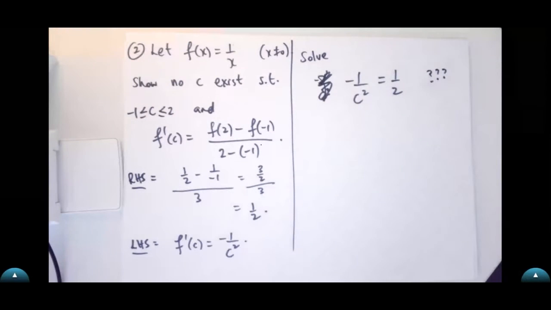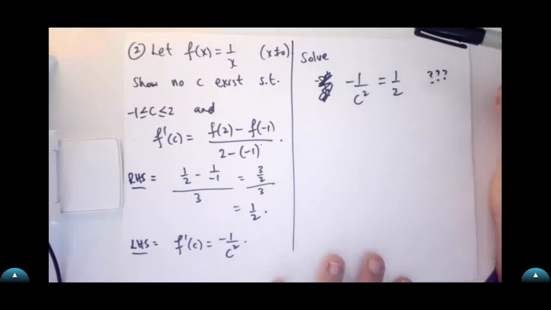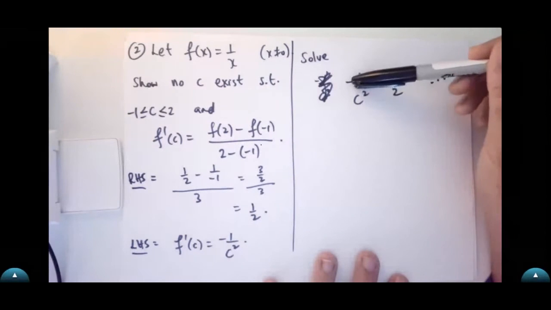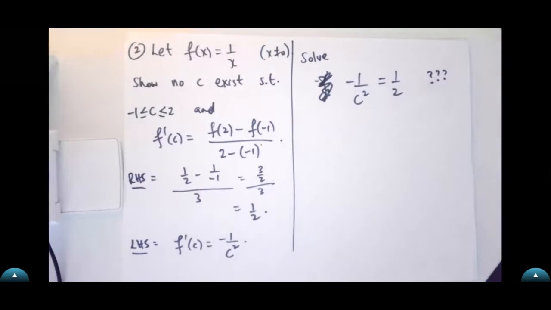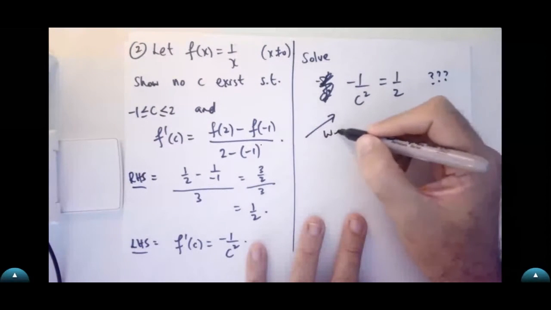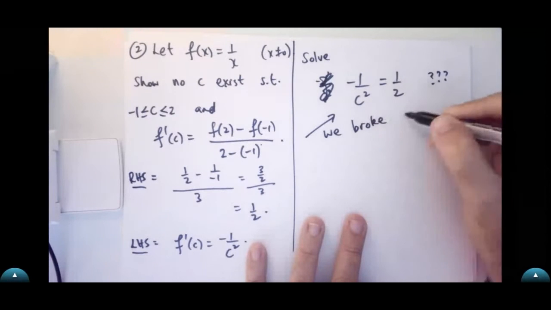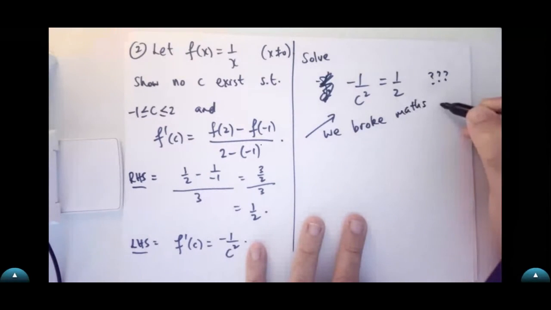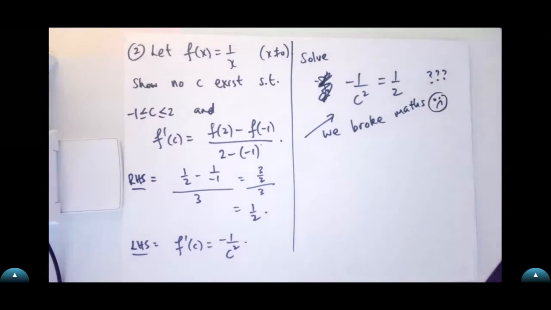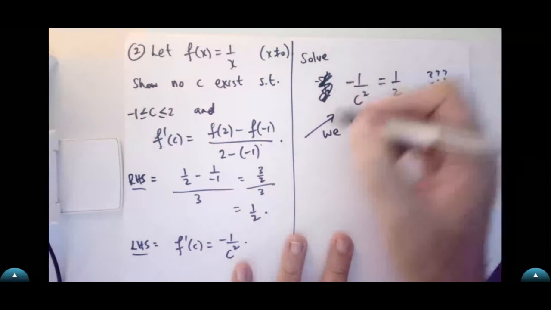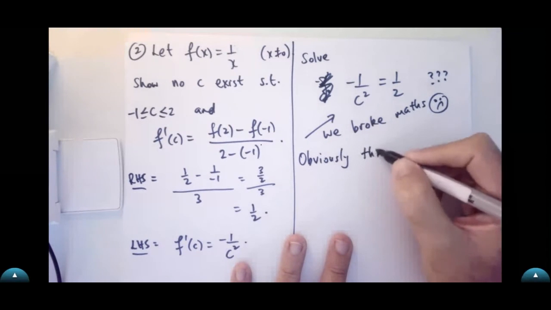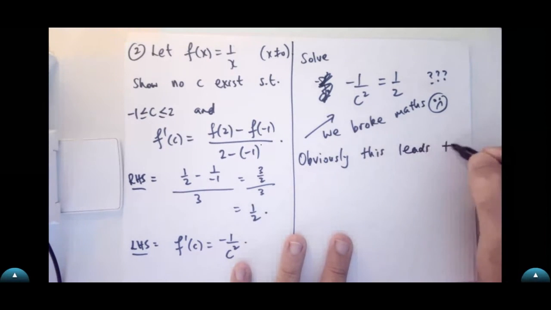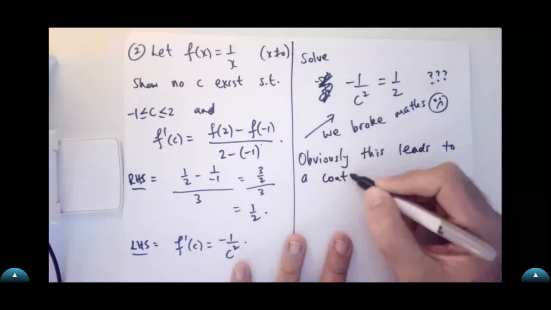Obviously here c can't equal 0 as well, right? Yeah. You're squaring something and you're changing the sign and you get positive 1/2. Yeah. So we broke maths. So obviously this leads to a contradiction.